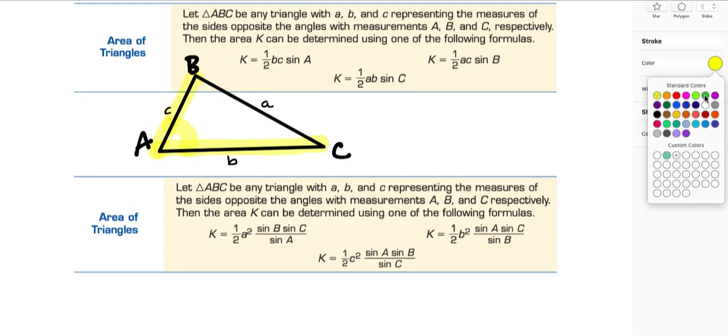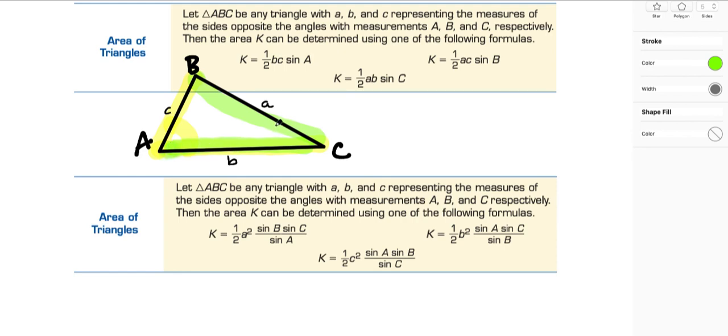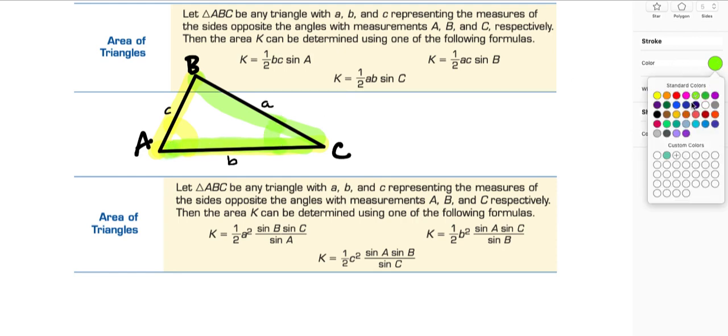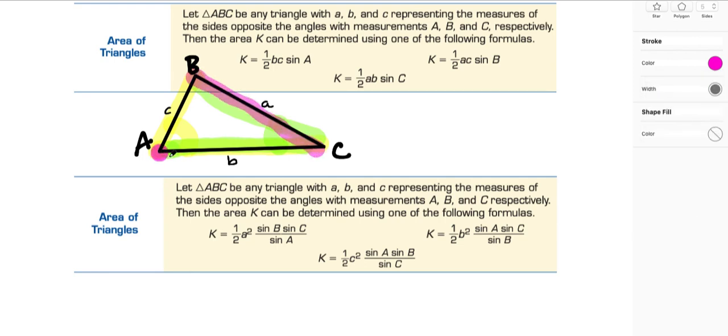Let me use a different highlighter to demonstrate the other ones. If you have side a and side b and the included angle C, and finally, you guess what the other one is going to look like: if you have side a and side c and the included angle B. These three really are all the same formula that gives us the area of a triangle if I have two sides and the included angle. Let's apply that same logic to the next formula.